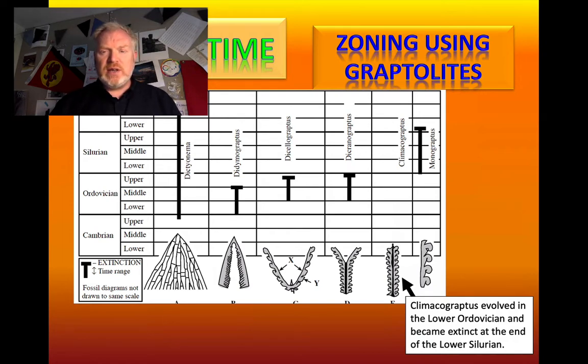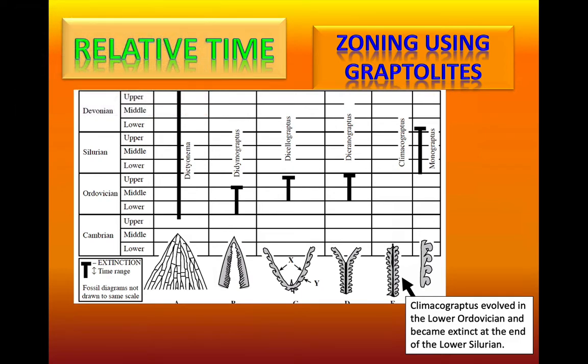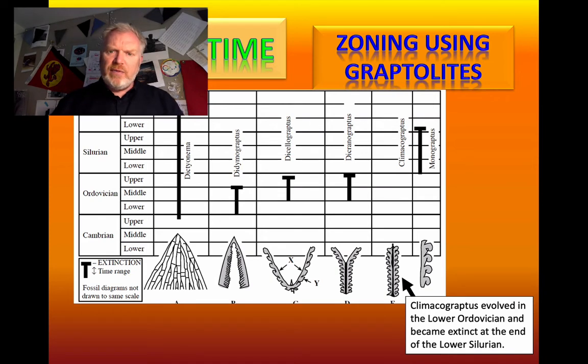Where would this Climacograptus appear on this graph? Okay, if we have a look at what you've drawn on your graph, then Climacograptus has a time range that looks a little like that.